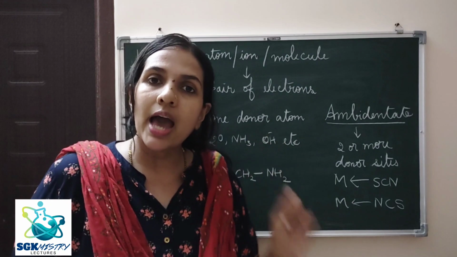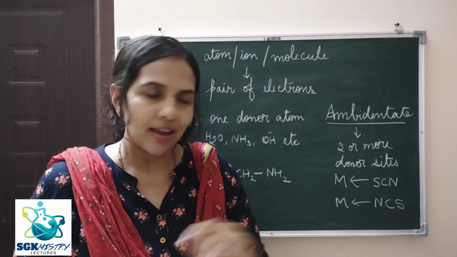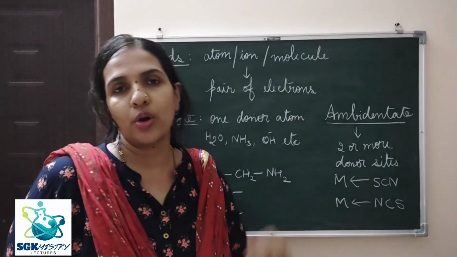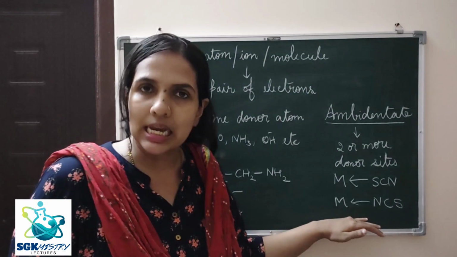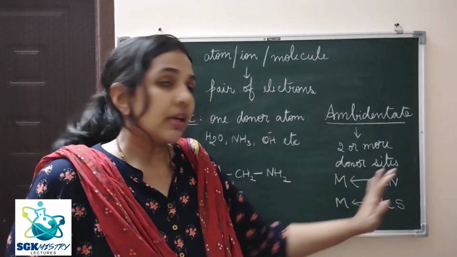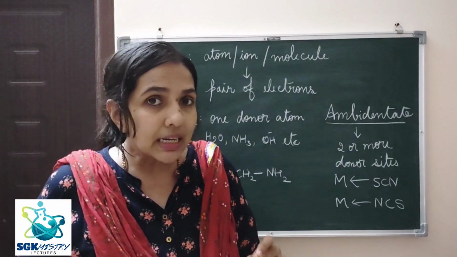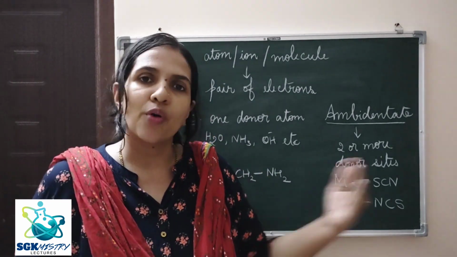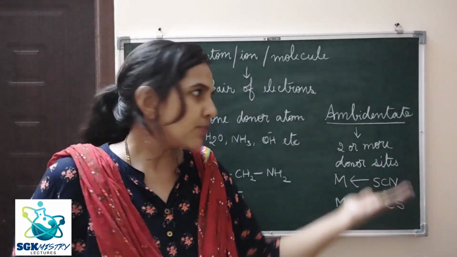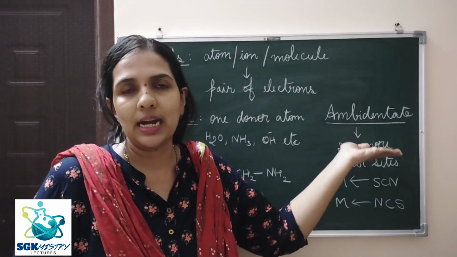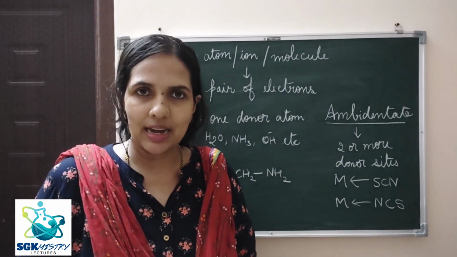This is called the isothiocyanate ligand. Here nitrogen is used for forming the coordinate bond with the central metal atom. We know that there are two donor atoms, sulfur and nitrogen, but at a time only one atom is used for forming the coordinate bond. So that's why I have to include these ambidentate ligands under unidentate ligands.